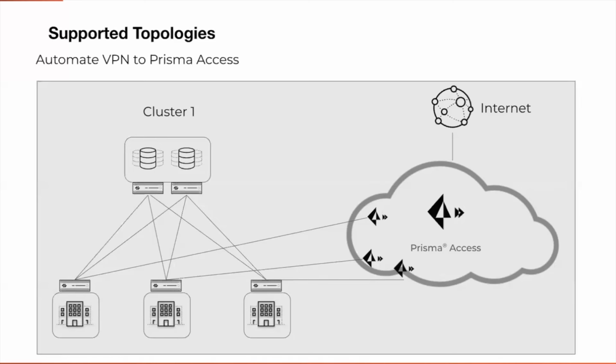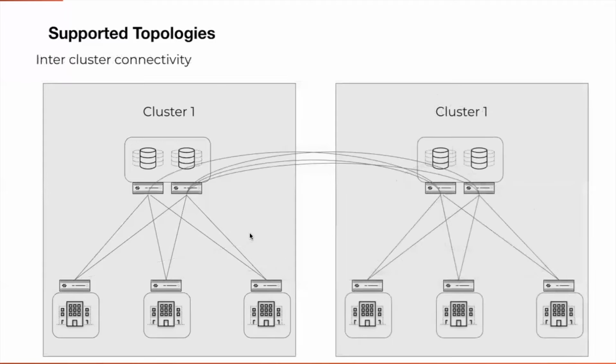This is a pretty common scenario where most customers deploy next-gen firewalls in the branch for east-west security inspection, and use Prisma Access for anything to do with internet security. To simplify deployments where customers use next-gen firewalls and Prisma Access, we have AutoVPN extend to automatically create VPNs to Prisma Access nodes as well.